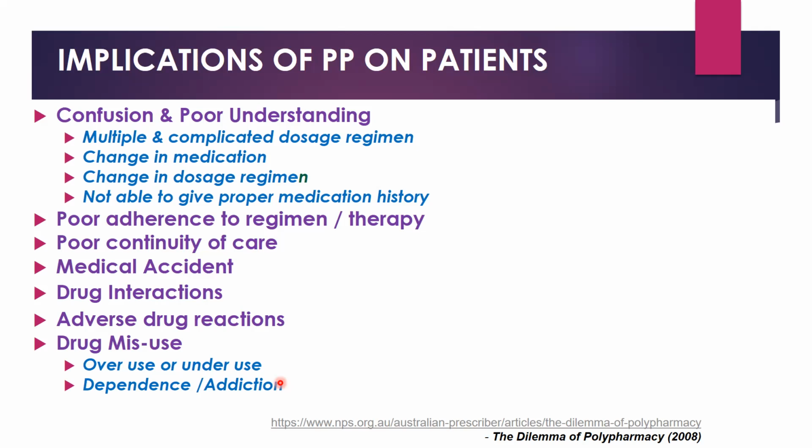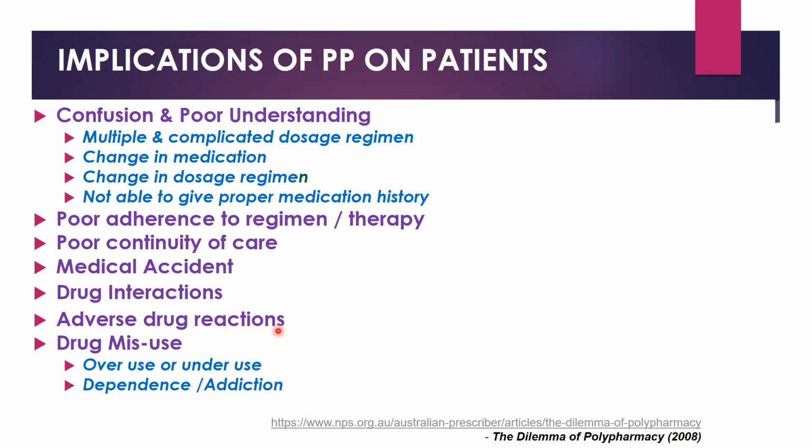After getting numbers, waiting to see doctors, going for a blood test will take a few hours. Then they have to wait for the medication at the pharmacy. So it's not a very pleasant experience for them.